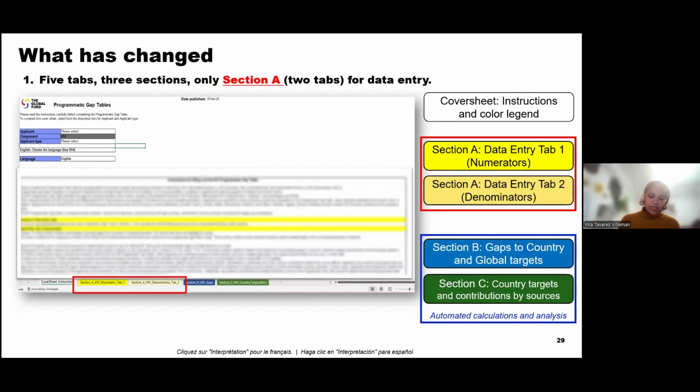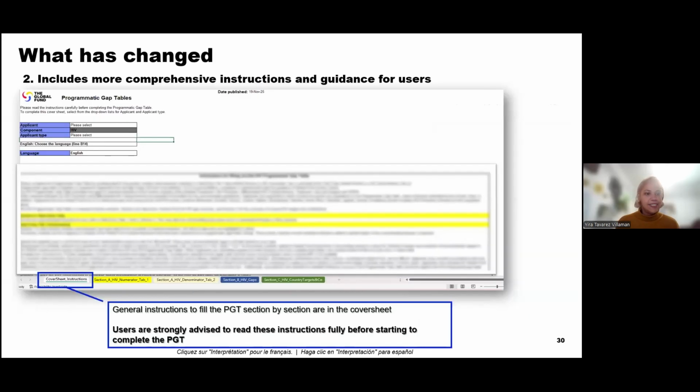Section B shows the remaining gaps against national and global targets by year, including the total unmet need for TB. Section C shows how targets are covered by available resources, the contribution by funding source, and the average Global Fund contribution per module over the implementation period.